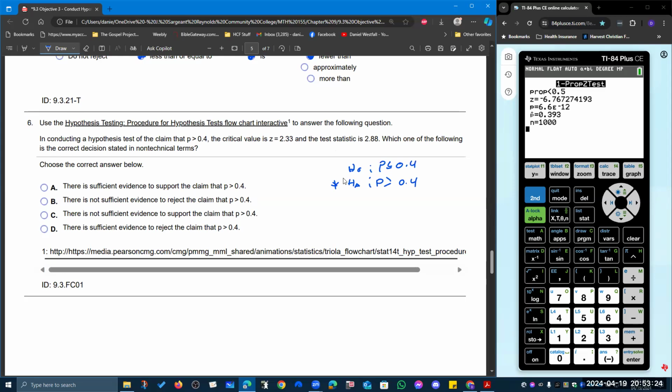The z-value is 2.33, and the test statistic is 2.88. So 2.88 is in my rejection region here. So we're going to reject H naught, and there will be sufficient evidence to support the claim.